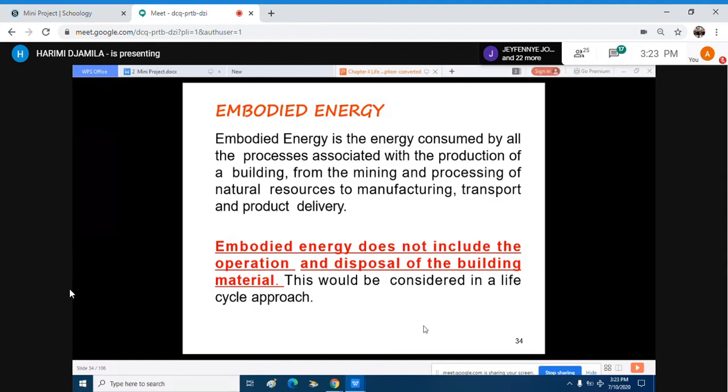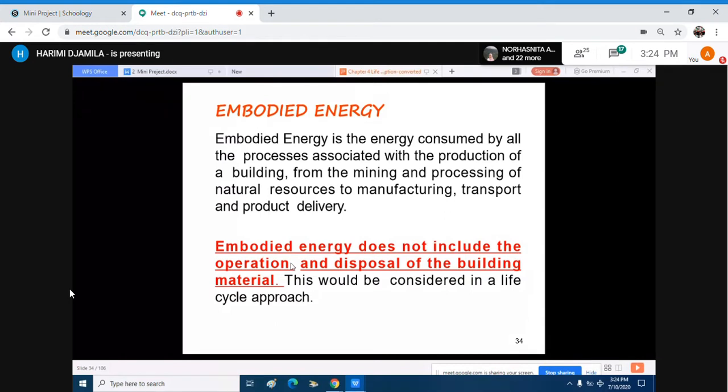However, we take off the operational and disposal stages of the building. If you are, for example, an engineer, or have a company, you may not have any information about the operational or disposal stage of the building, but you can do your calculation quite well until the refurbishment stage.